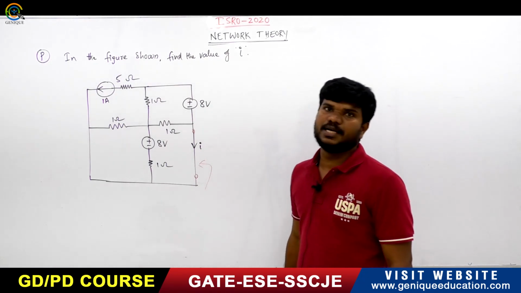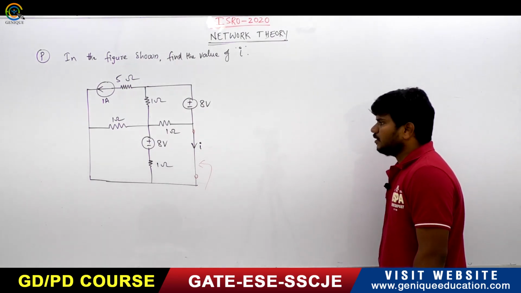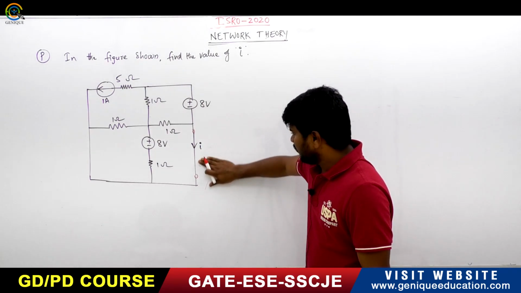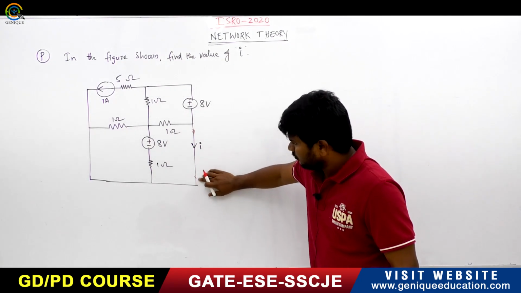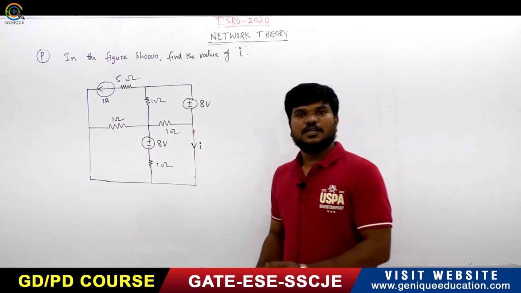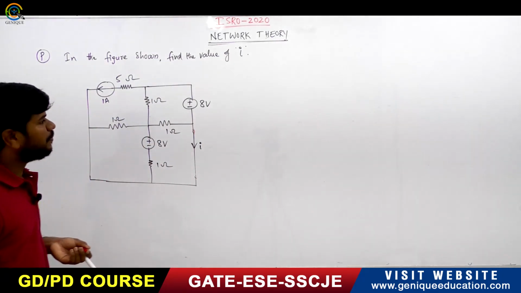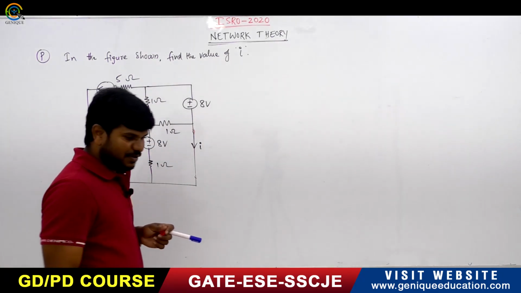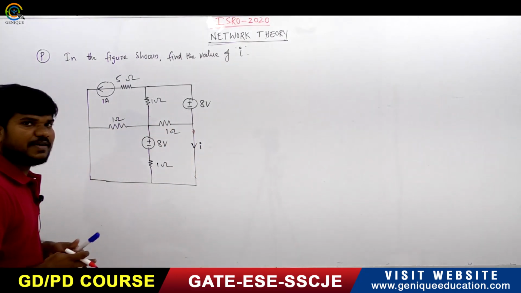So which one is simple? You have to identify. Sometimes nodal analysis looks simple, sometimes the Thevenin equivalent, sometimes the superposition principle, and sometimes mesh analysis will be simple. So we have to go for the simplest way.